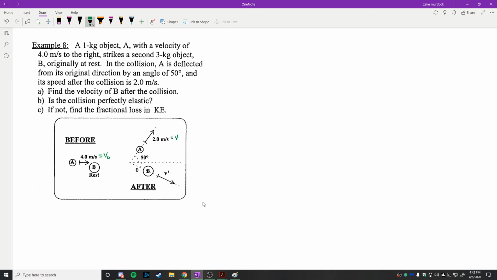We'll call the velocity of ball A after the collision VA, and instead of V prime, we'll call this one VB. So we've got a velocity VA, and we'll call that angle theta. Oh, no, theta is this one. So we'll call this angle phi. And we want to figure out what the velocity of ball B is after the collision.